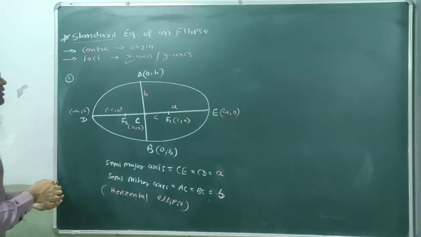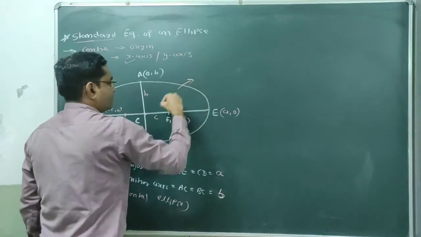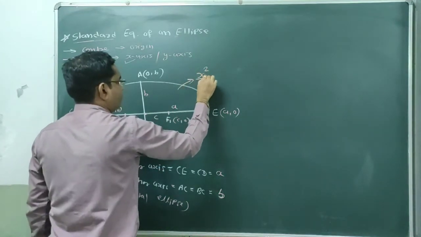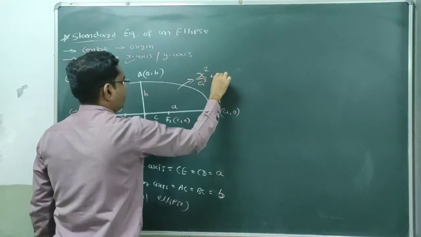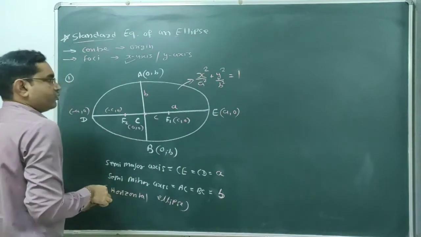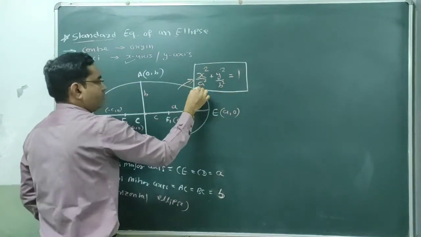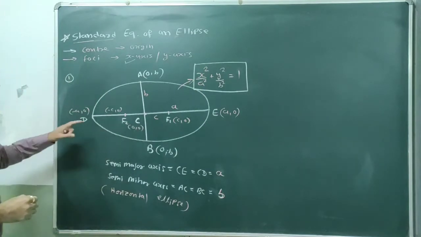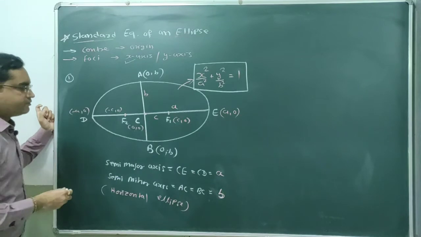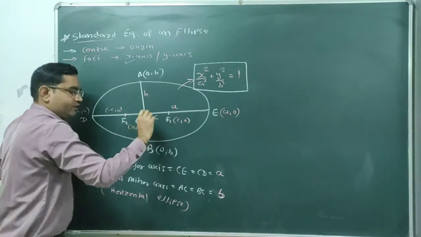Now we have to consider standard equation. So for this type of ellipse, standard equation is x square by a square plus y square by b square equal to 1. Done? Now here, semi-major axis is a, that is along with the x-axis.